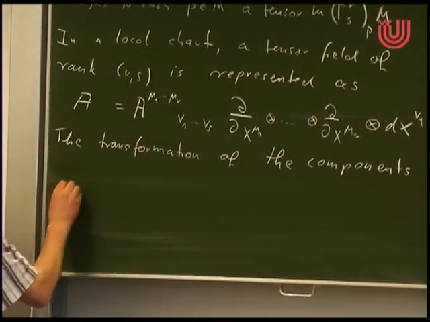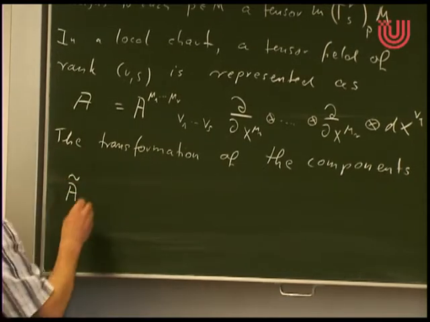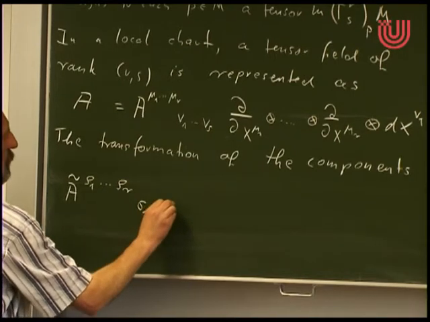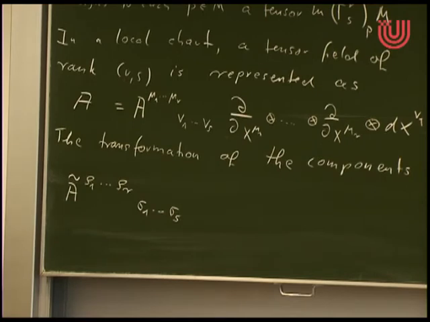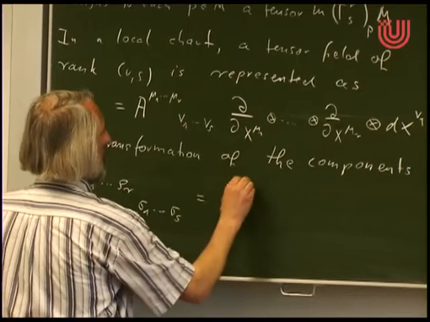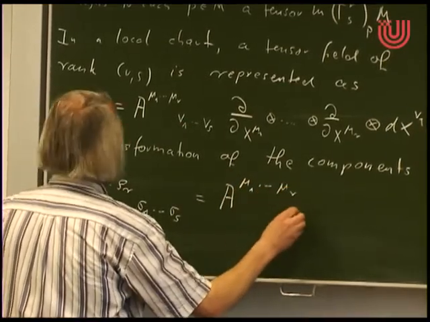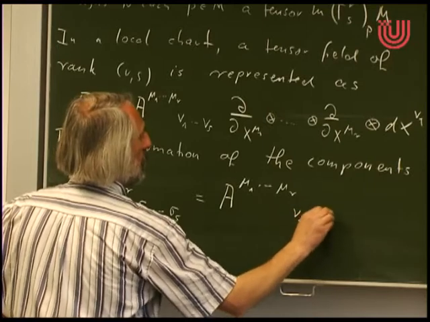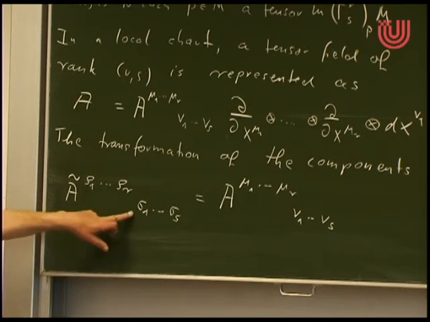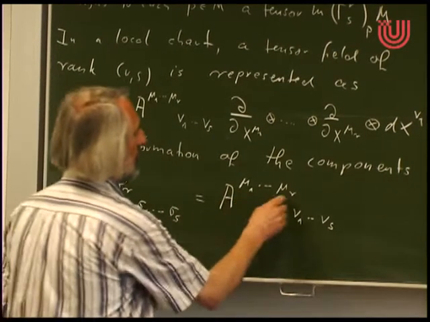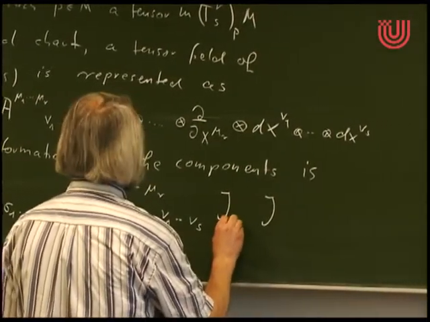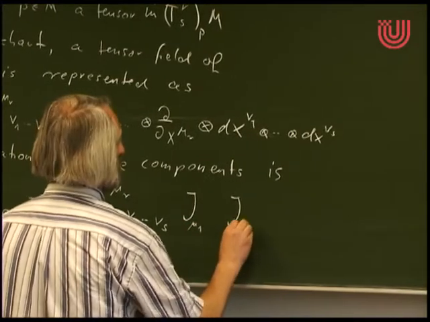So, oh my goodness, that's awful. So I want to know what is this thing here with now new indices rho 1 to rho r, say sigma 1 to sigma s. And I want to know how is this related to my old ones, to A mu 1 to mu r, nu 1 to nu s. And the rule is any upper index transforms with J and any lower index with J inverse. So I need r times the Jacobi matrix J. So this goes from mu 1 to mu r.